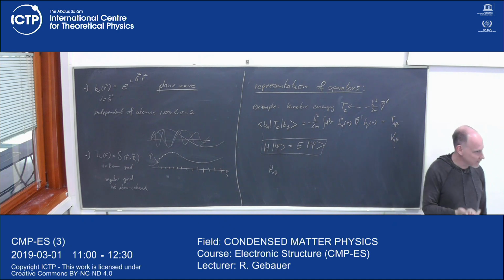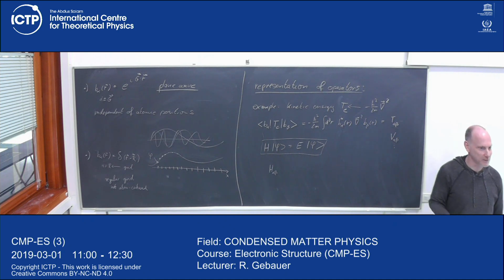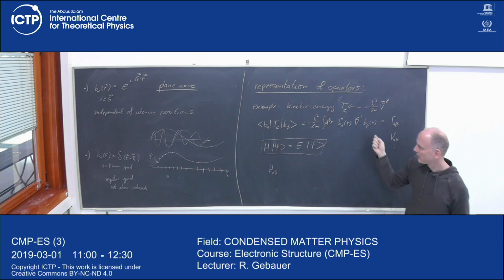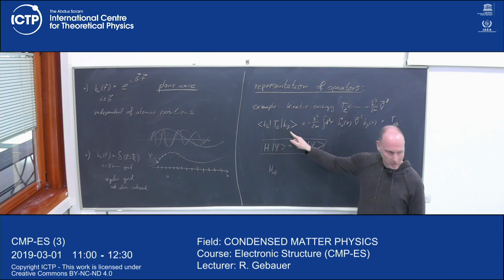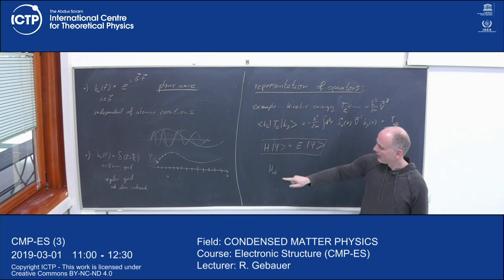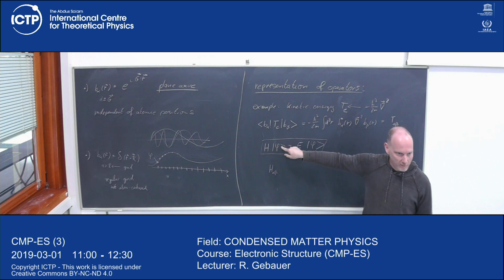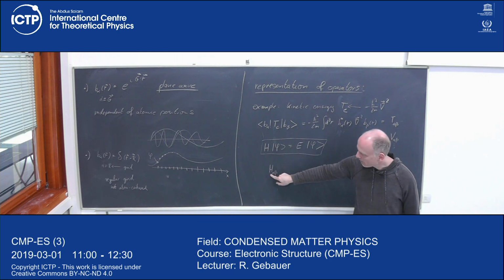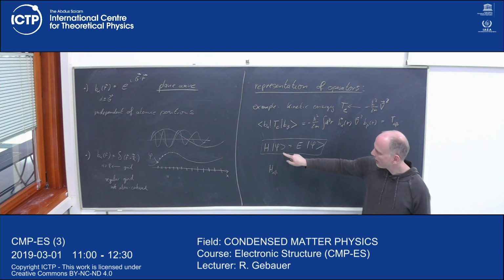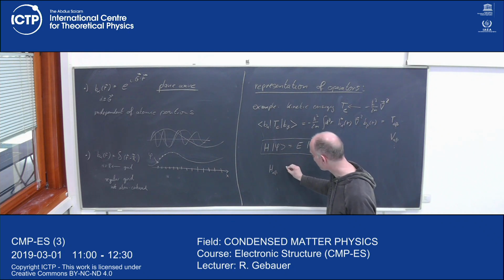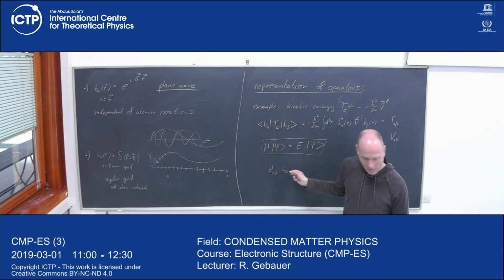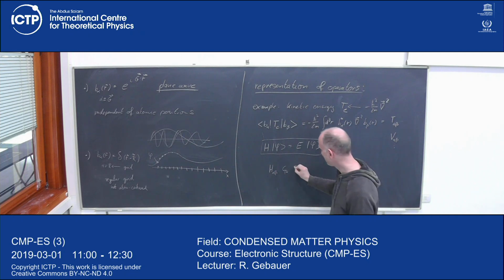And this is how we can handle it in a computer. A computer can only deal with numbers. It cannot deal with operators. So what you do by introducing basis functions is that you go from a notation where you have operators acting on wave functions to a matrix of numbers acting, and now also on this phi, because this phi is C beta times the basis function B. So you will have, these are the unknown C's, these are the numbers here, is energy times C alpha.